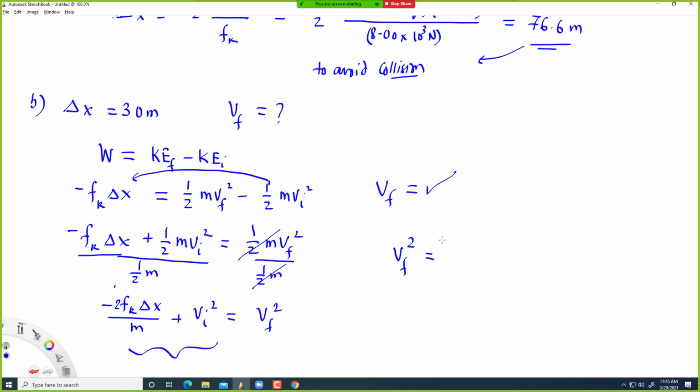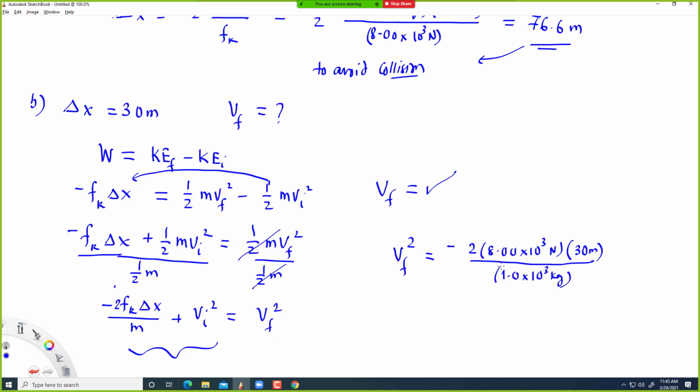So negative 2 times the friction force, which is 8 times 10 to the 3, and delta x is now only 30 meters. Mass is 1 times 10 to the 3 kilograms.